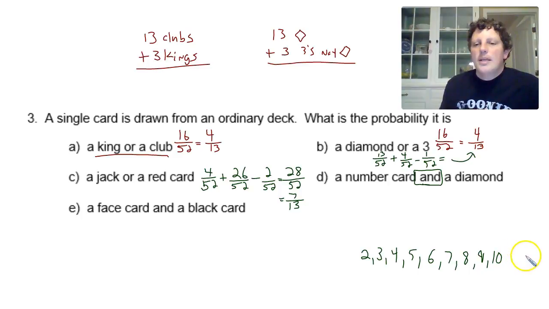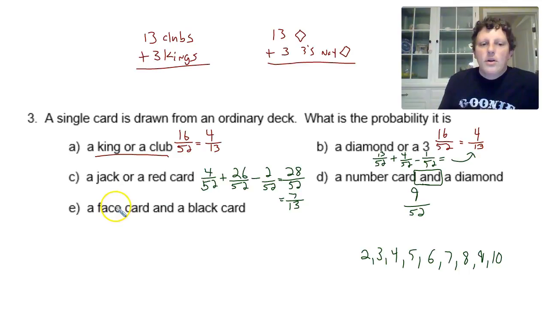After 10, you get Jack, Queen, King. They're not numbers. Of the diamonds, there is a 2 of diamonds, a 3 of diamonds, a 4 of diamonds, and so forth. So if we count these up, there's 1, 2, 3, 4, 5, 6, 7, 8, 9 cards in the deck that are both number cards and diamonds out of the 52. I do not believe that reduces.